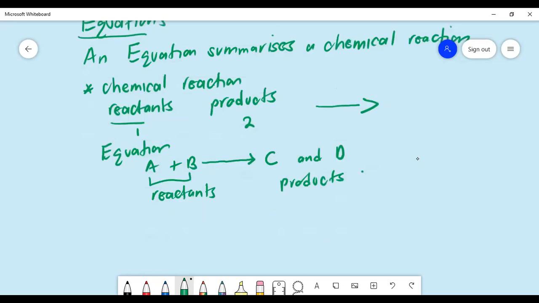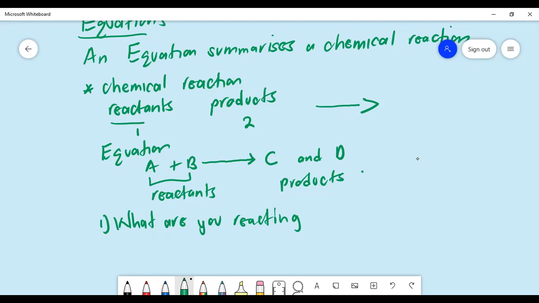Now there are some things we must know in every chemical reaction. One, what are you reacting? Those are under the reactants. Maybe it is an acid with a base, a carbonate with heat or with oxygen, a metal and chlorine.